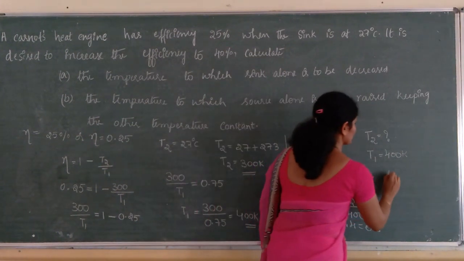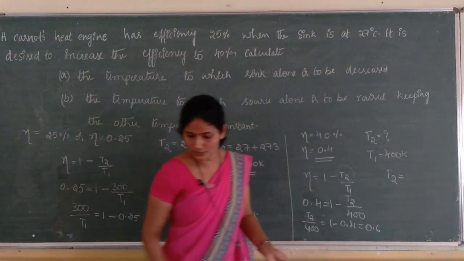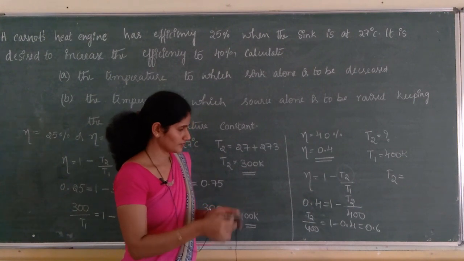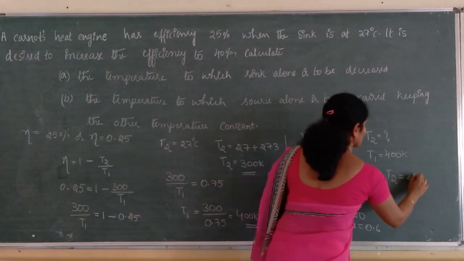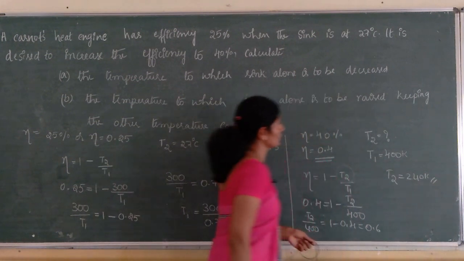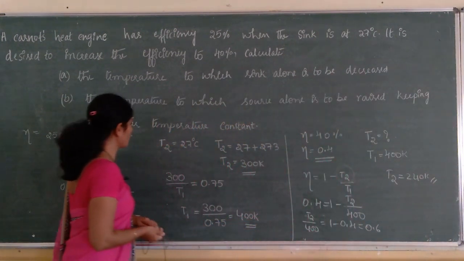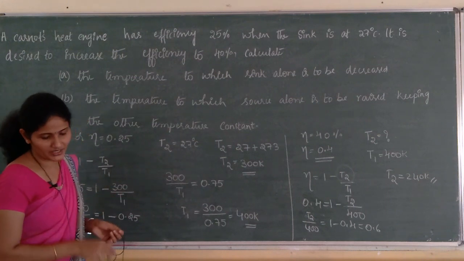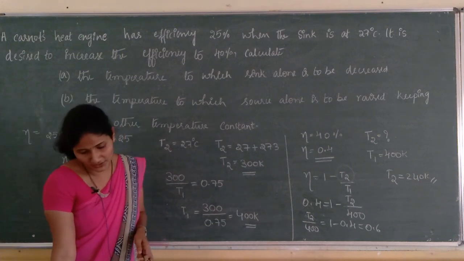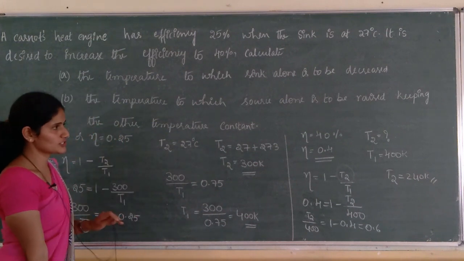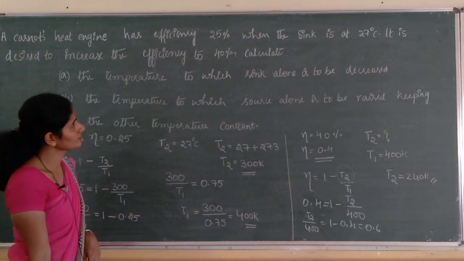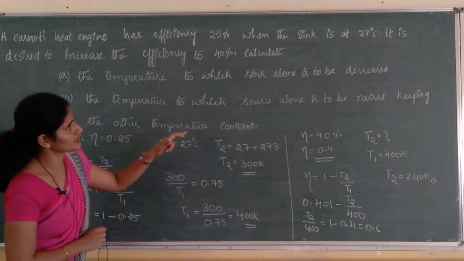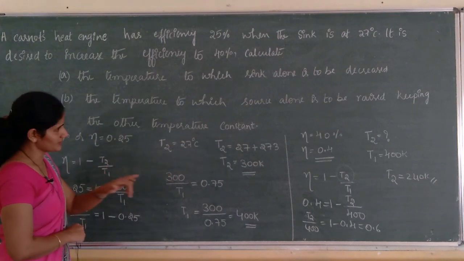So, T2 is equal to 400 into 0.6, which is 240. T2 is 240 Kelvin. So, the initial temperature of the sink is 300 Kelvin and its temperature is decreased to 240 Kelvin. So, that is the temperature to which the sink alone is to be decreased.